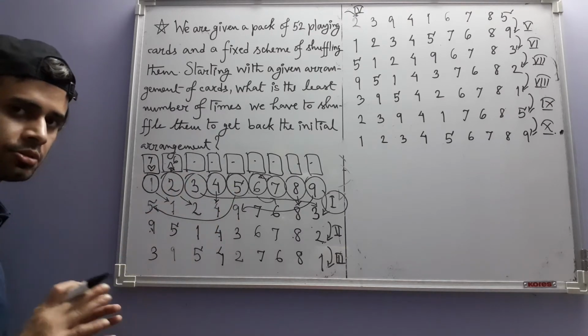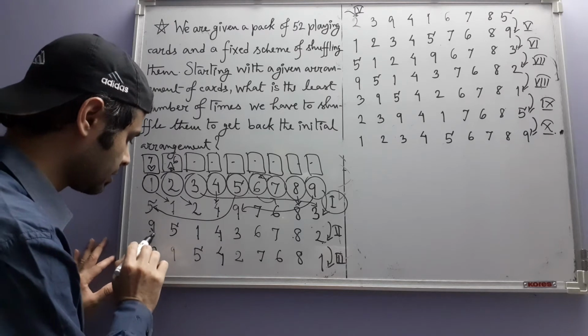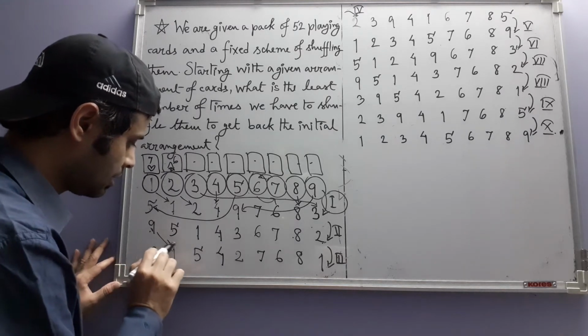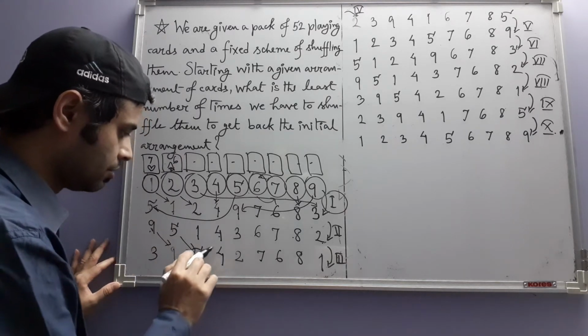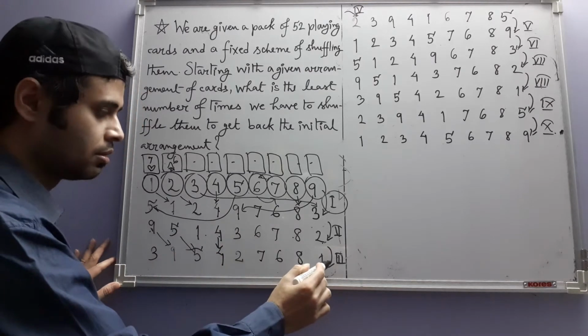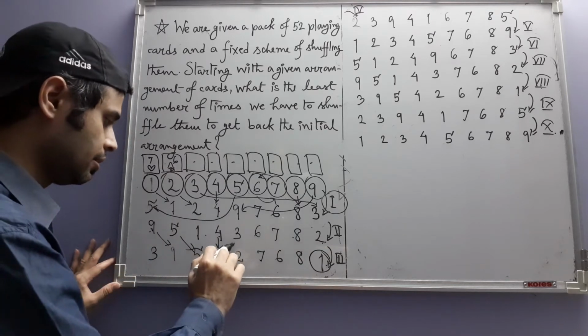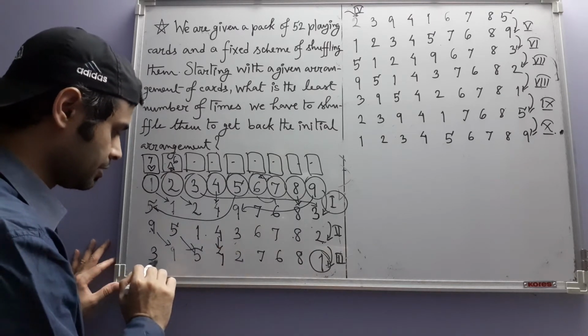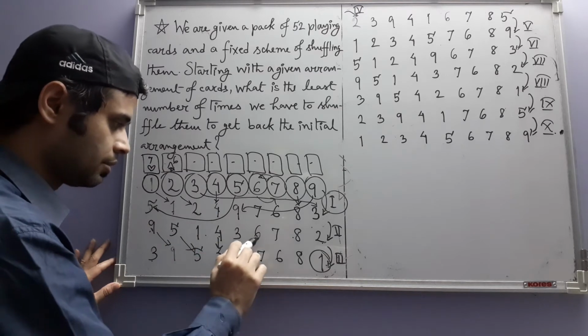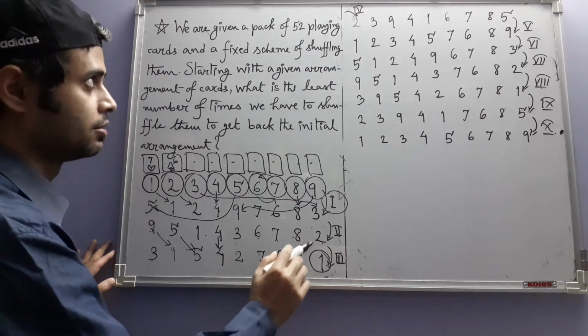Okay, let's just go through it once and see if we have got it correctly. 9 comes here, 5 comes here, 4 stays as such, 1 goes all the way to the last position, right? 3 comes to the first place. Okay, 6 and 7, they switch places, and 8 stays as such.